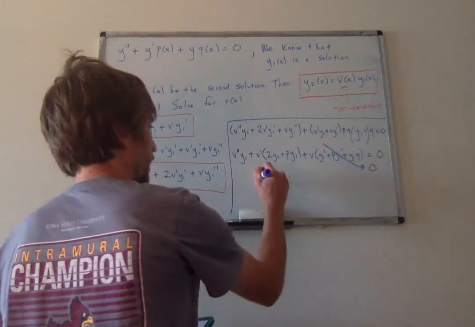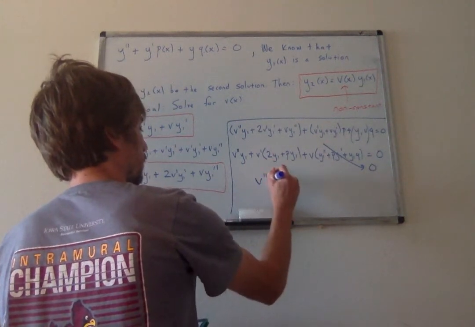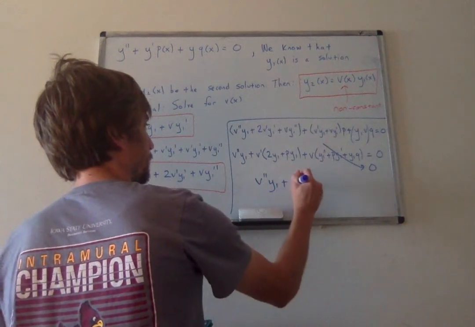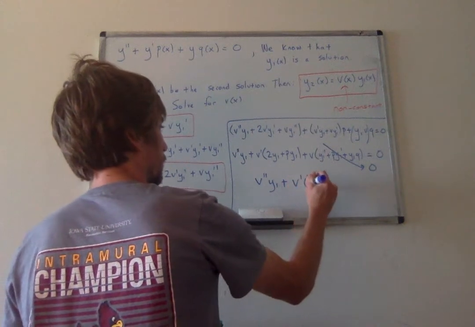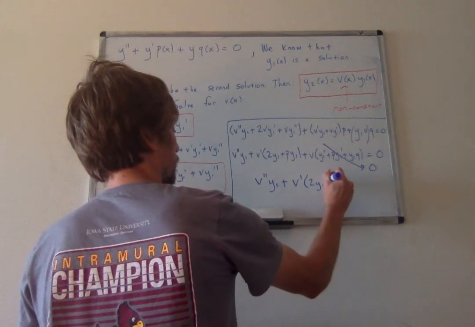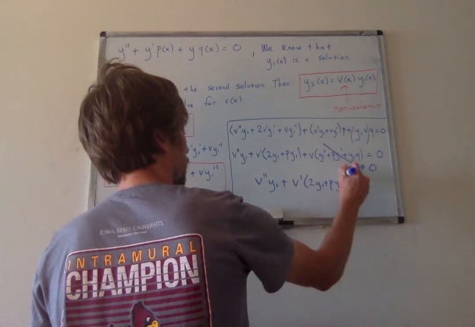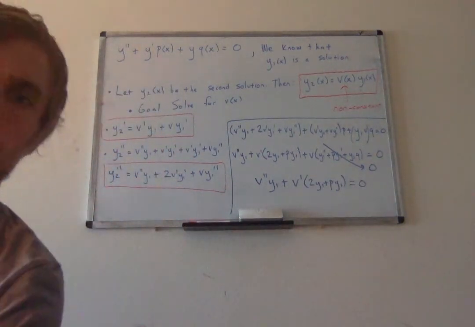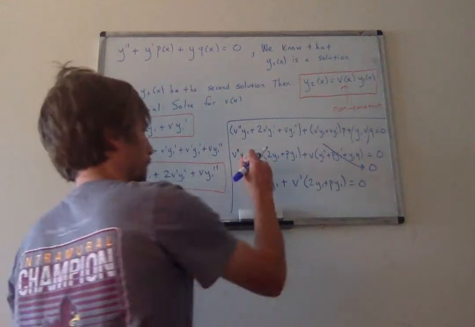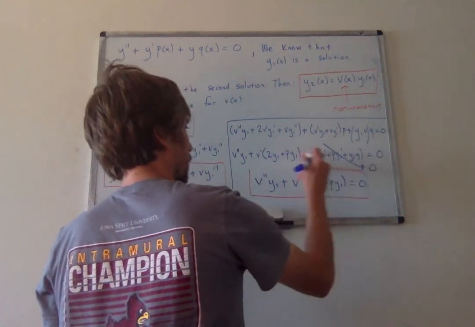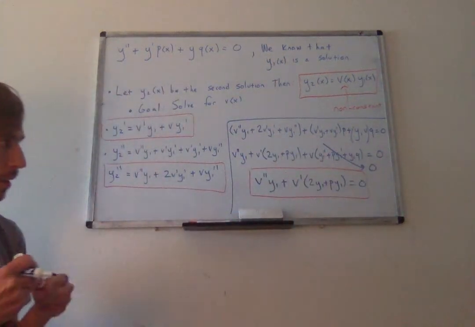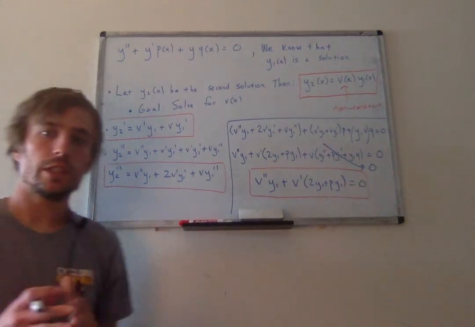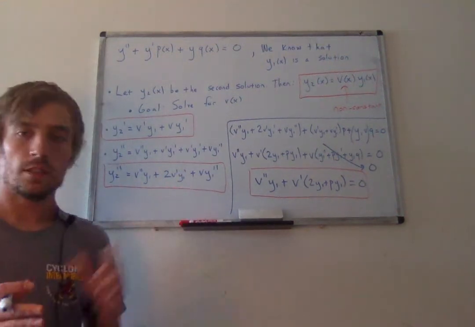So that means we've now got a differential equation in terms of v double prime and v prime that, in fact, as we'll see when we look at an example of this, is separable.